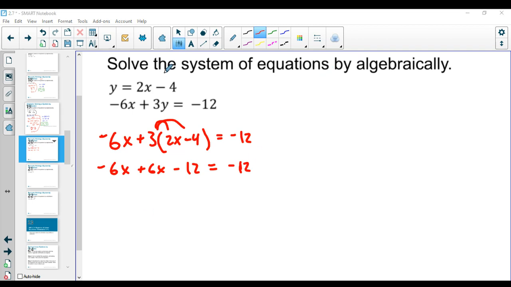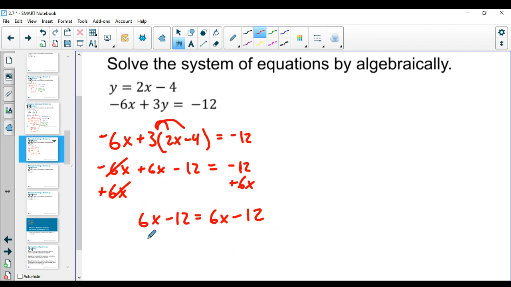Anyways, yep, it's 0. Or another way maybe to even think of this better is what happens if I add this 6x over? Then those ones will cancel, but I'm still left with 6x minus 12 equals 6x minus 12. Well, these are the same thing. So what is this telling us? This is telling us that we have an infinite amount of solutions.